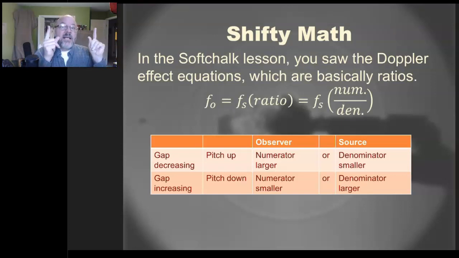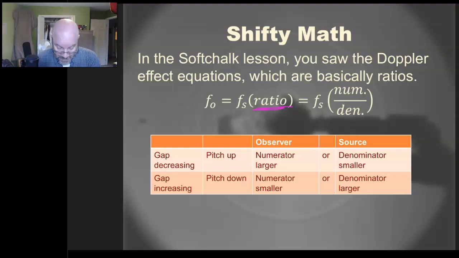On the other hand, if the gap is closing somehow, the distance is getting less between them, then we know the pitch is going to go up. So think about what's happening with this particular ratio. Is the ratio going to go up or down?